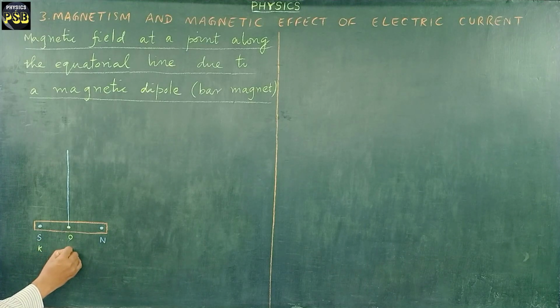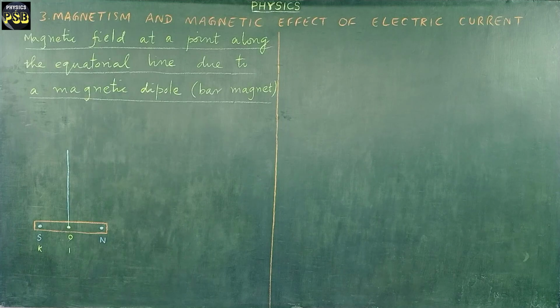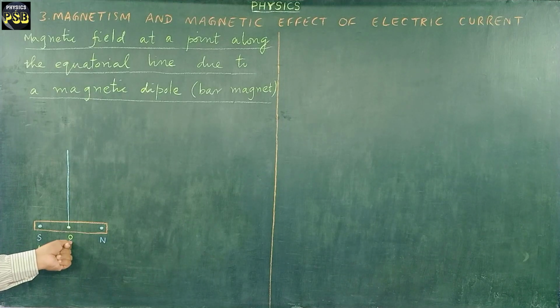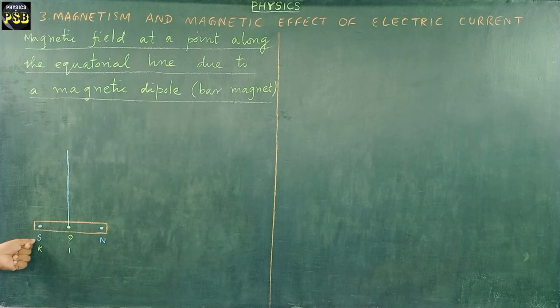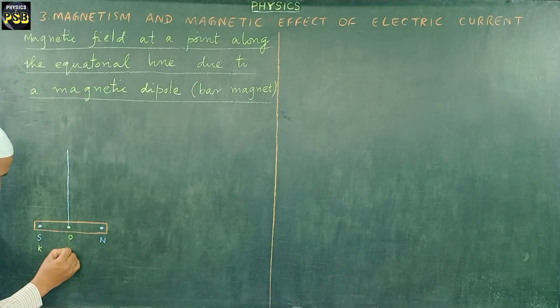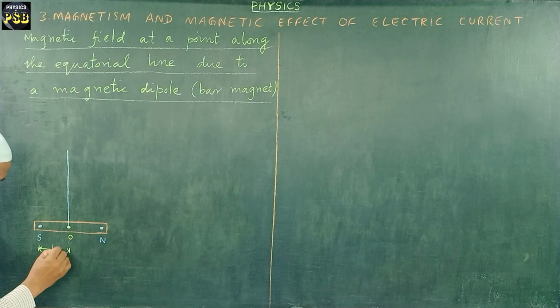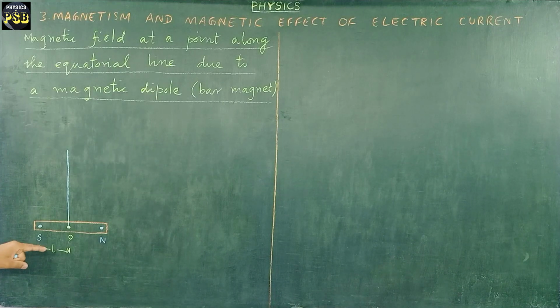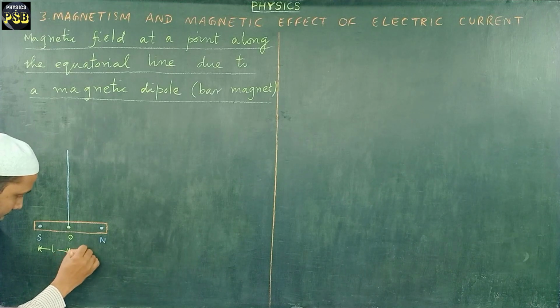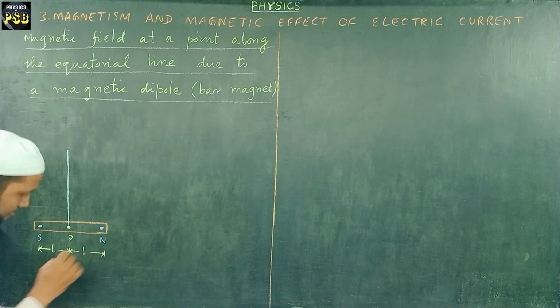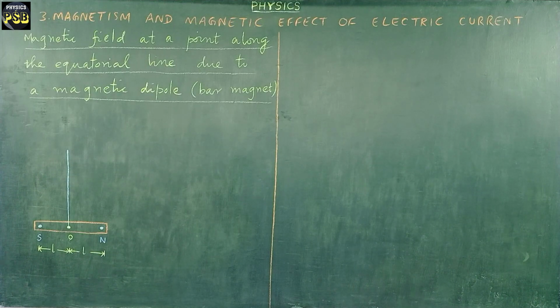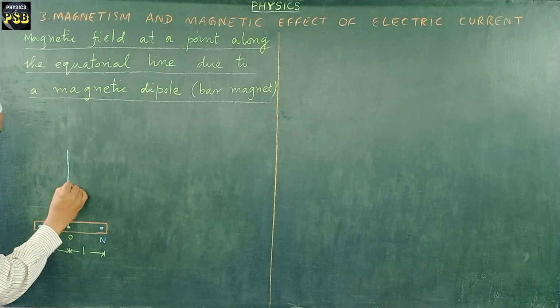If it is so, then the distance between the midpoint of the bar magnet and any one of the poles is nothing but L. So here, the distance between the midpoint and the south pole is L. Similarly, the distance between the midpoint and the north pole is again L. Clear? Then the equatorial line that I have drawn has length equal to R.